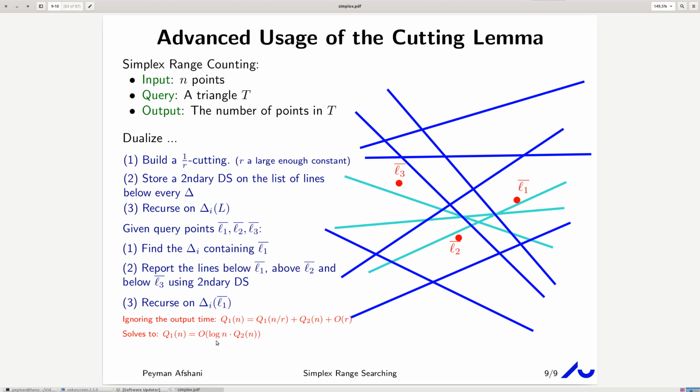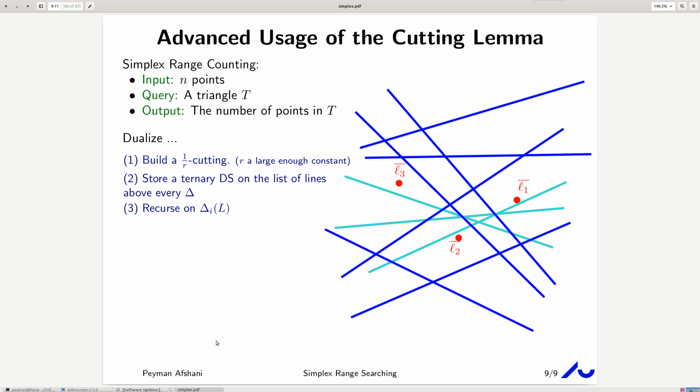So now let's look at what Q2 is. Q2 is supposed to find, given a bunch of lines, the lines that pass above L2 and below L3. So how do we do this? Again, we rinse and repeat essentially. We build a cutting here, and for every triangle in the cutting, we look at the lines that pass above the triangle. We store them in a ternary data structure that is supposed to answer that portion of the query.